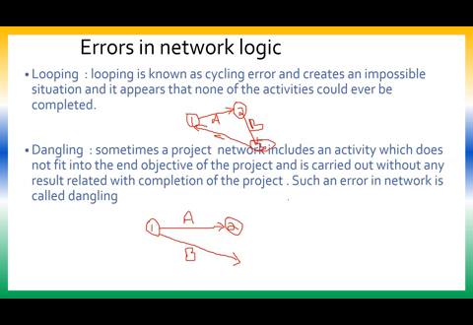A terminal event or the finish event for it is not defined. So it becomes an activity which starts at 1 and we don't know where it ends. So this becomes a dangling activity, which is not permitted in network diagram. You should have activities which will have a start event and a finish event. Okay? Understood the concept? Shall we move ahead?